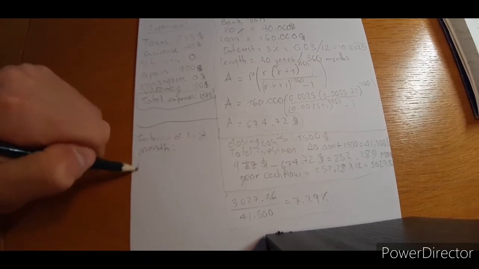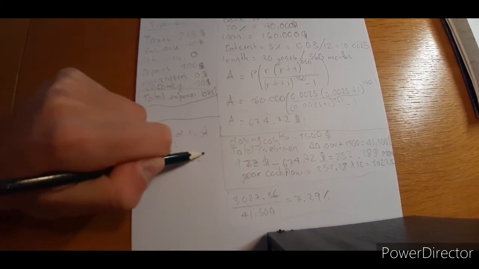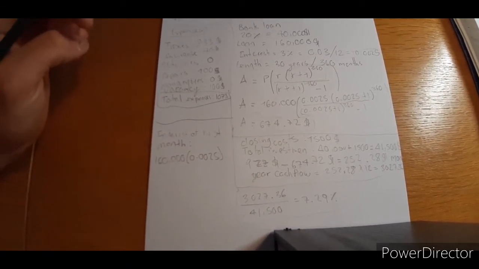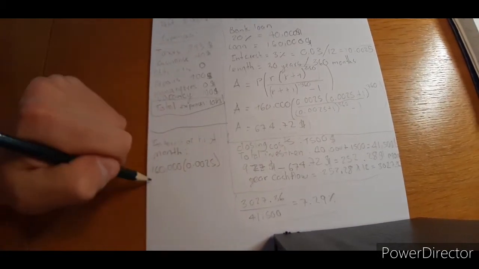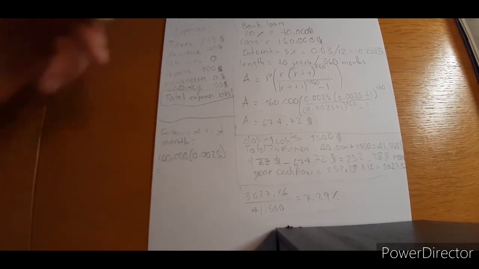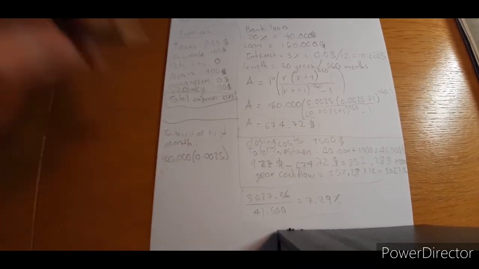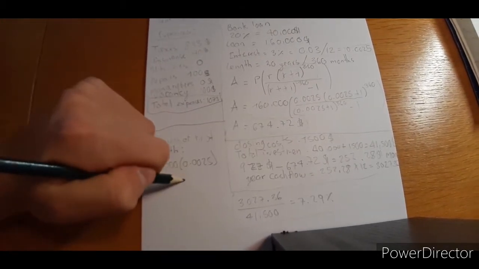So we put the 160,000 multiplied by 0.0025, and this will give you how much you're actually paying in interest. I got that equal to 400, so we are paying 400 of interest.